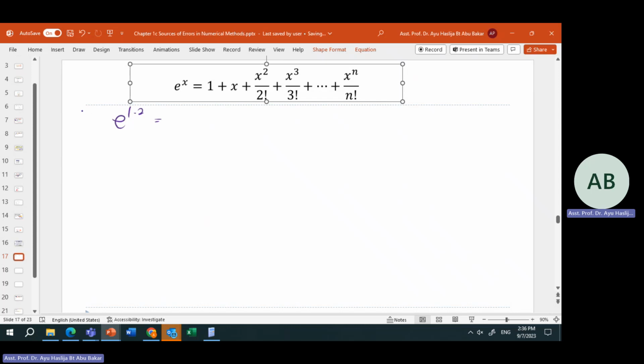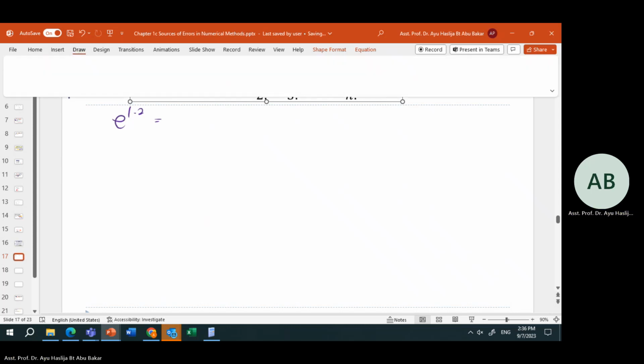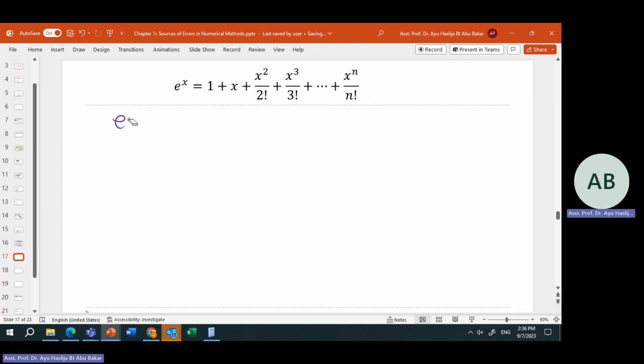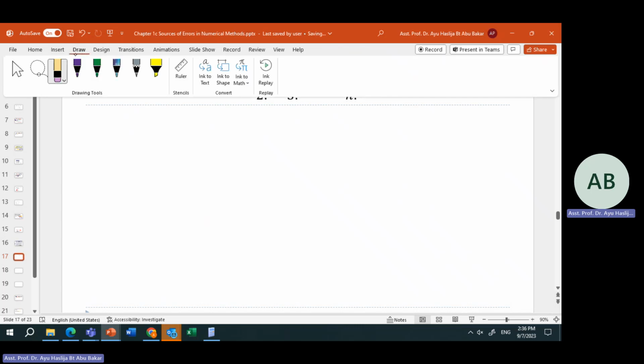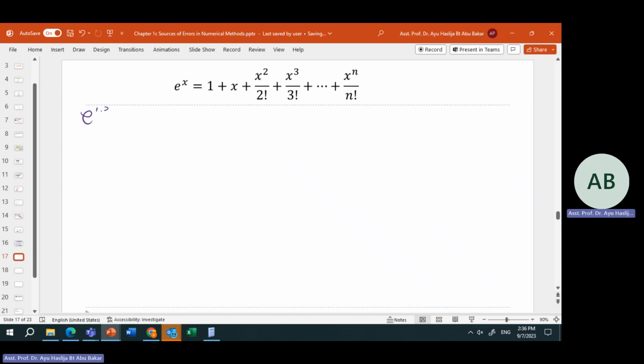First step, you should find the true value first so that you have a number to benchmark with. Okay, your x is 1.2. So first step, find the true value first. Step 2, then only proceed with the iteration.